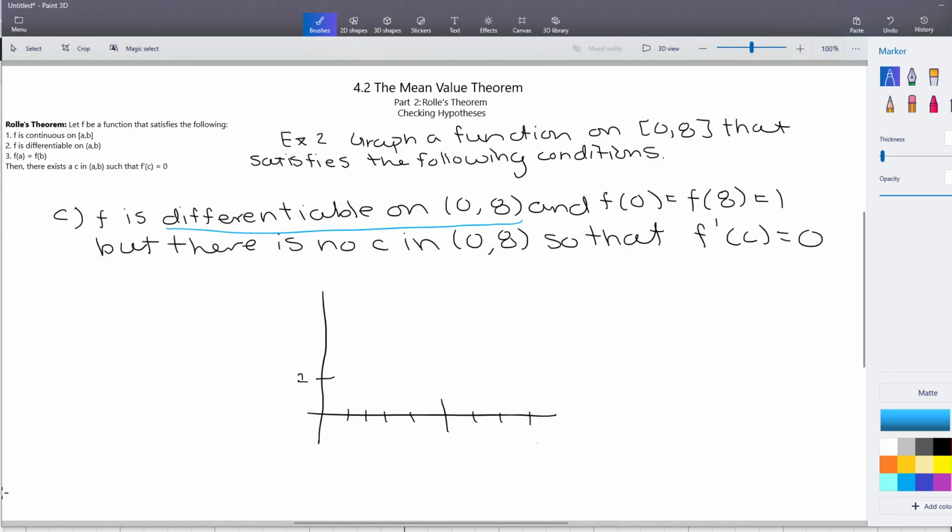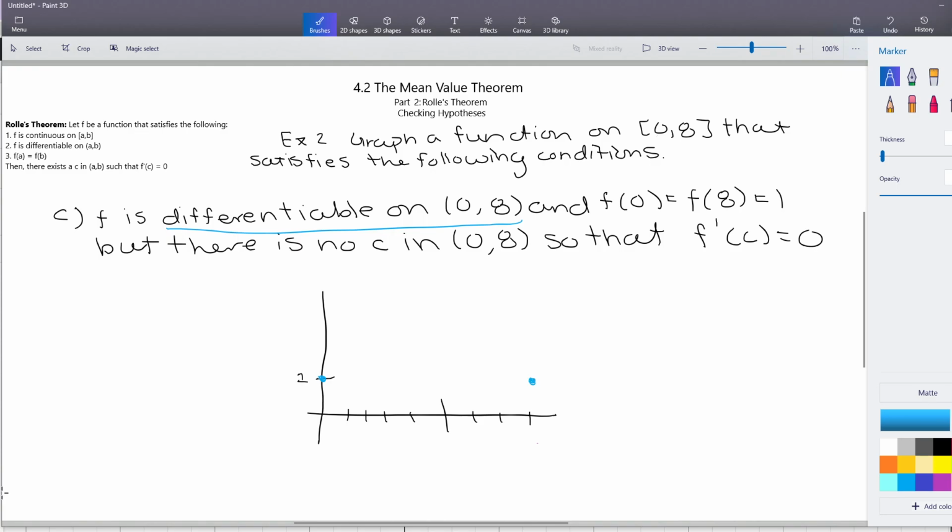So we know that the function is not only differentiable on (0, 8), it's also continuous on (0, 8). Go ahead and pause the video now and think about what this function would look like.